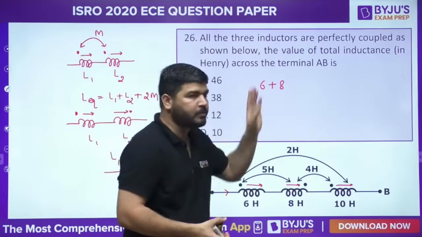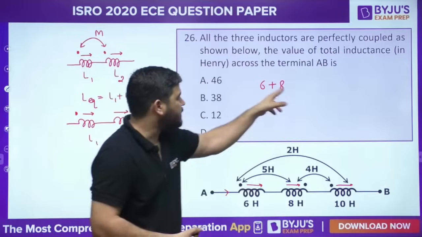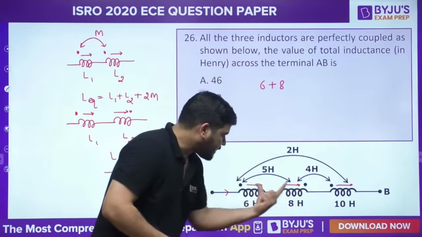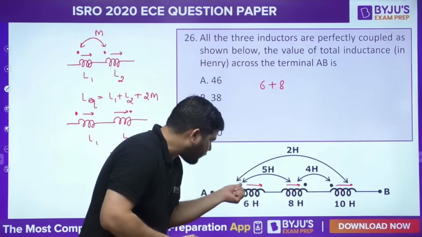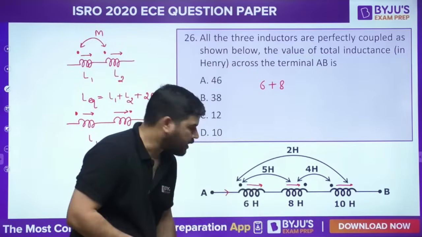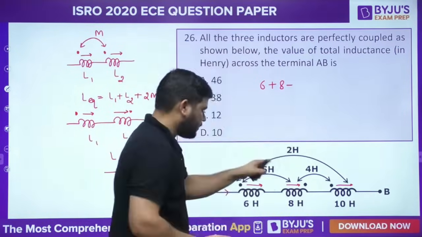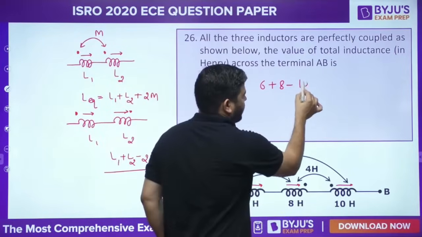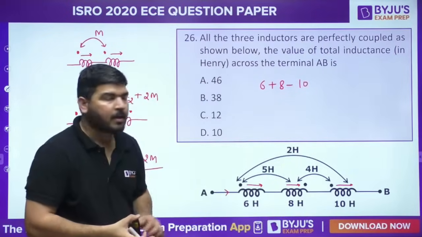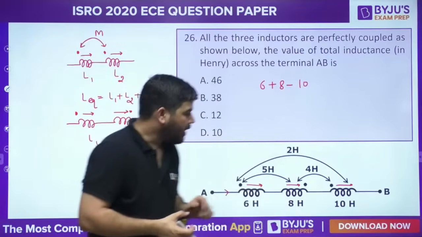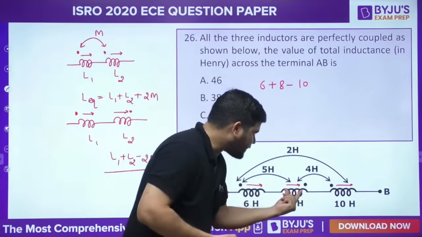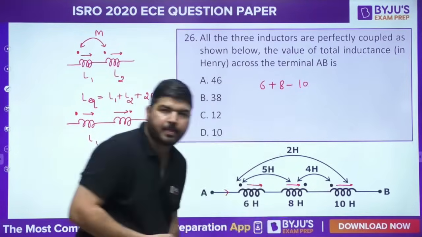So I have added these two values, L1 plus L2. And you know that from one dot the current is leaving, and in the other dot current is entering. So I have to write minus of 10. Fine. Now let's come to these two coils.